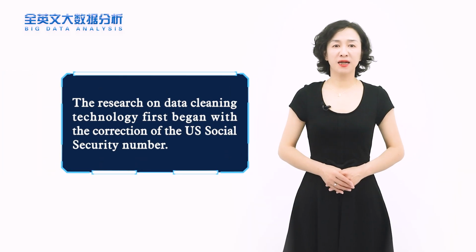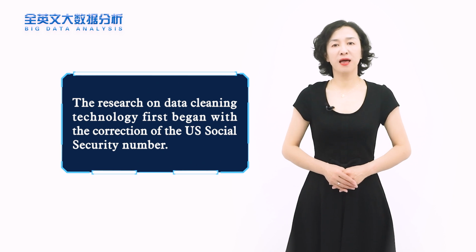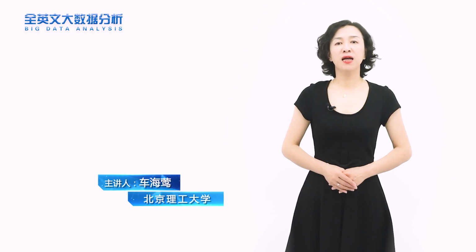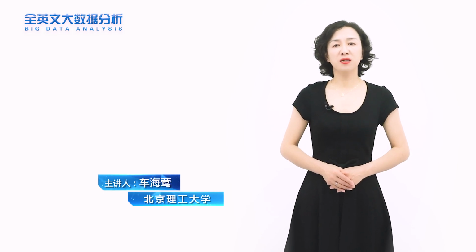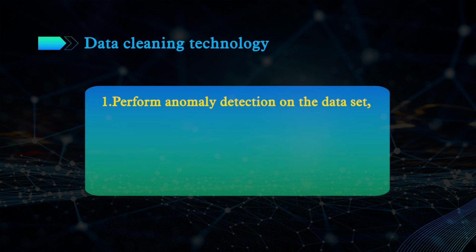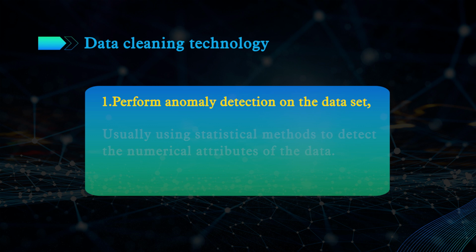The research on data cleaning technology first began with the correction of the U.S. Social Security number, later with the rapid development of information and commerce, the research in this area was accelerated, including performing anomaly detection on the dataset, usually using statistical methods to detect the numerical attributes of the data.